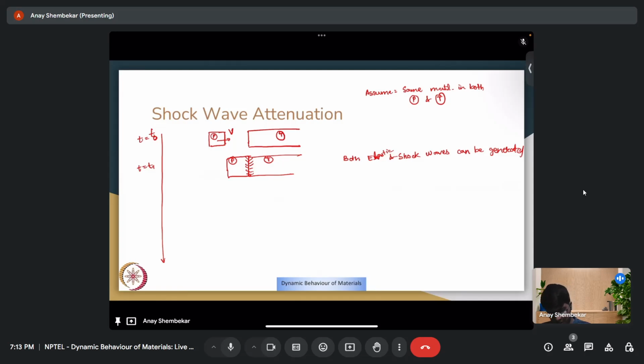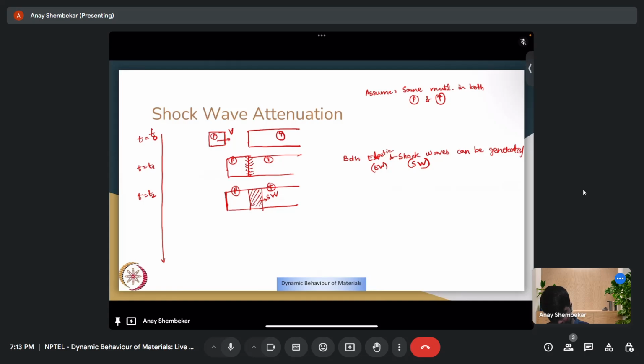What would happen now is, after a while, this pressure that is generated at the interface will finally reach this free surface. Here, suppose this is the shock wave, elastic wave EW, shock wave SW.